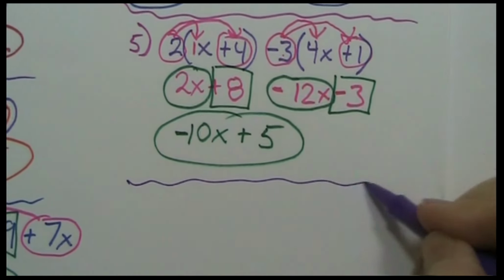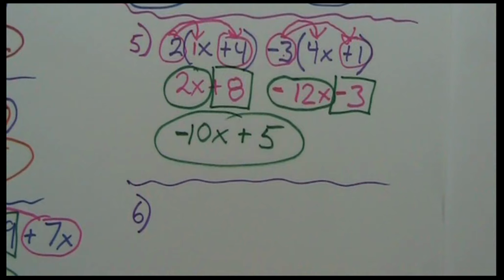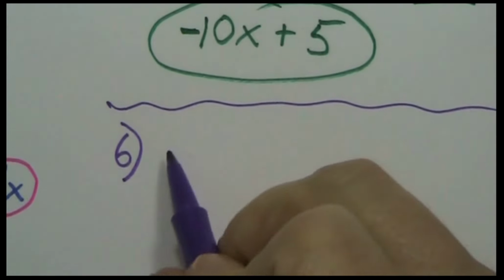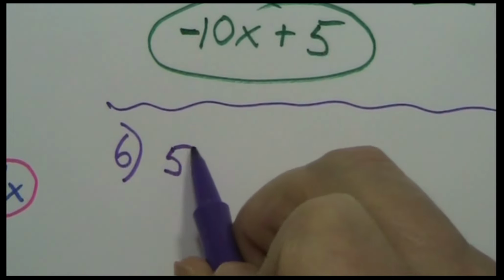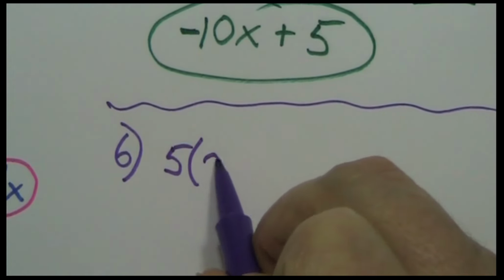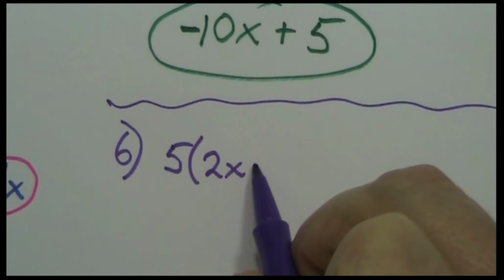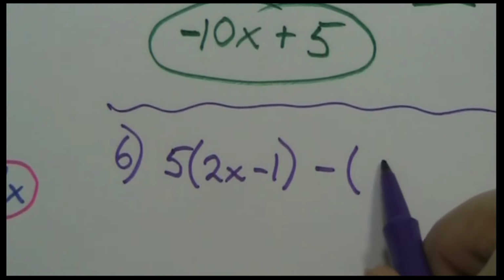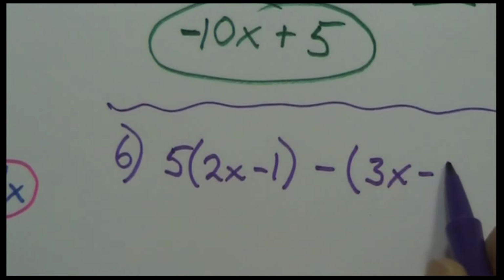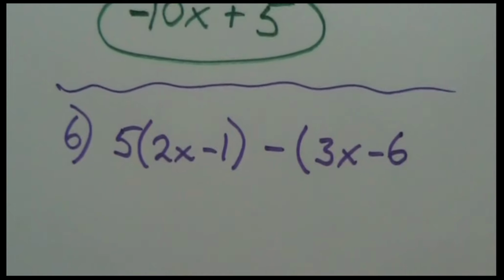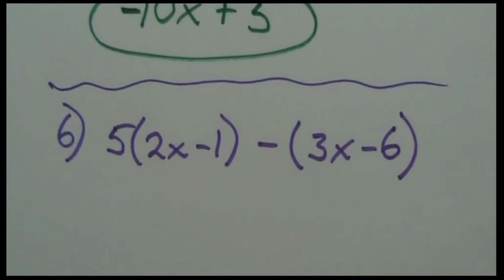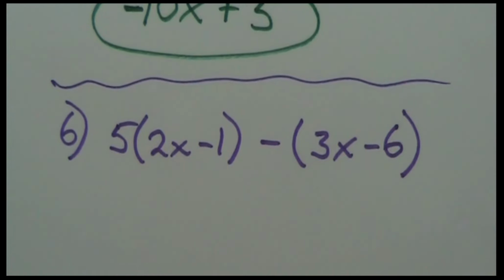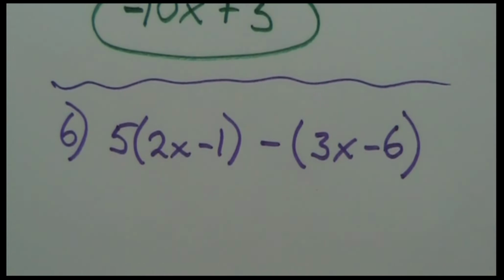All right, last problem, number 6. All right, so let's use distributive property. The outside times the inside.